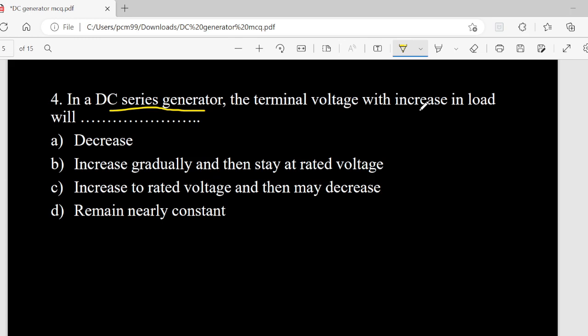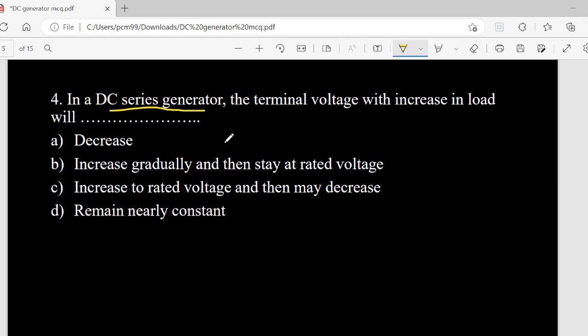As the load increases, more load current will flow, and since it is a series generator, a voltage drop will occur in the series field winding.